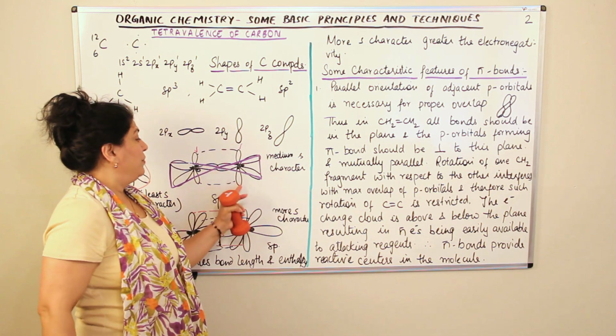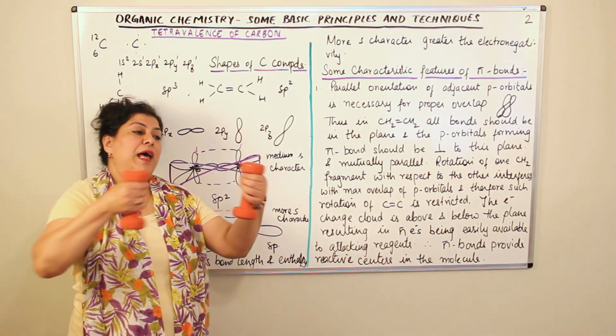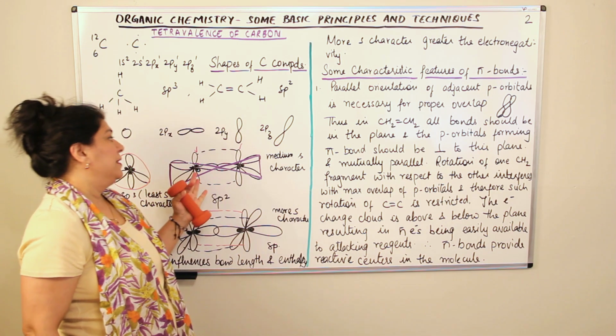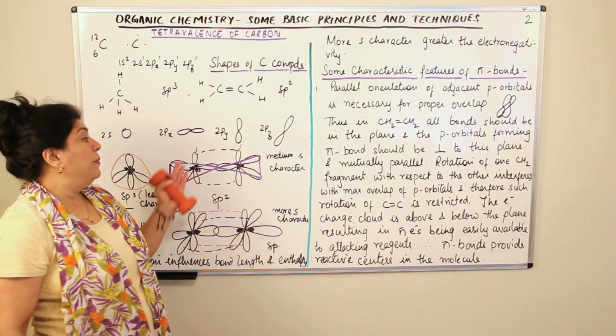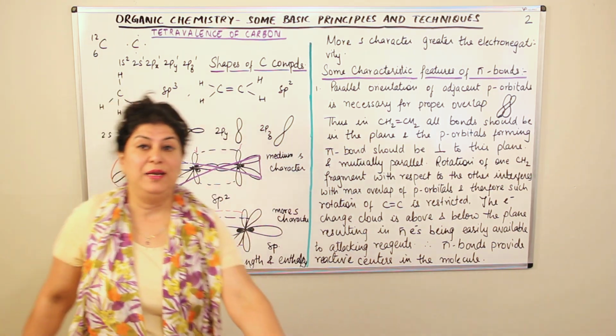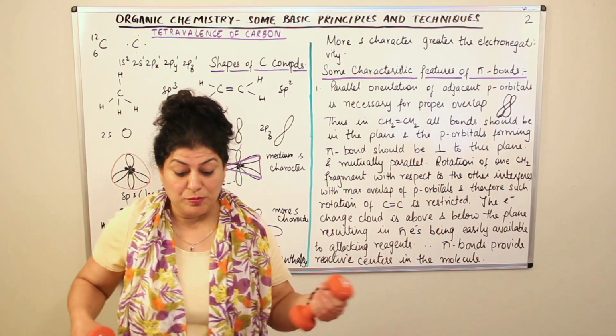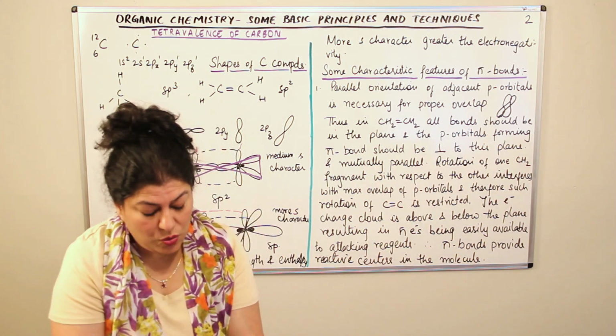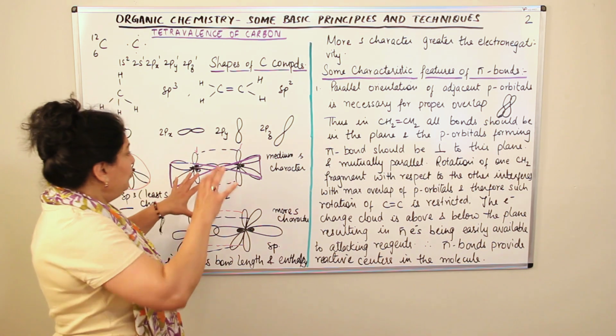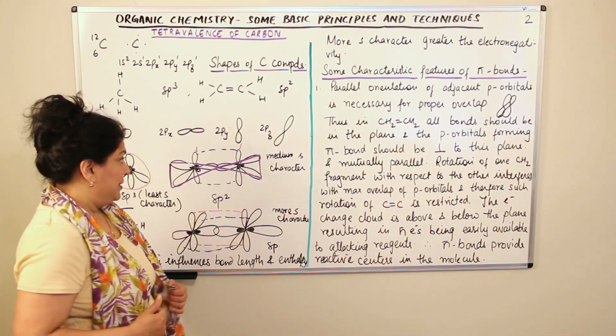But the p orbital, which was unhybridized, overlapped sideways and resulted in a pi bond above and below the plane of the molecule. So with this, I hope you understand how the structure is different.